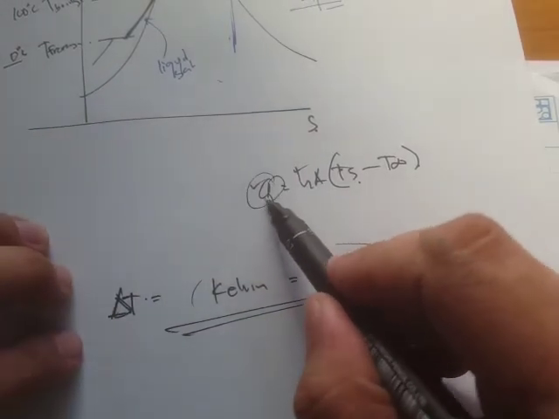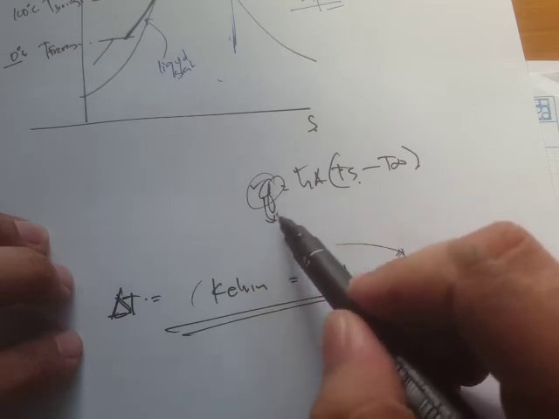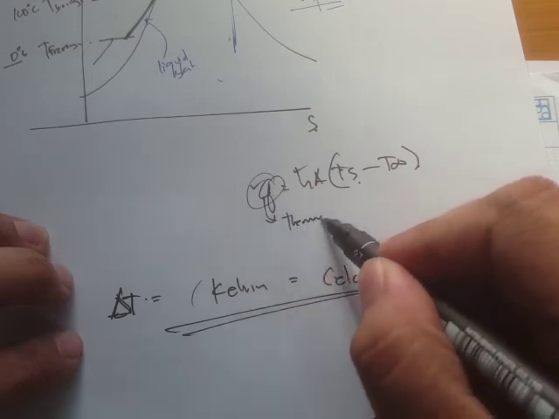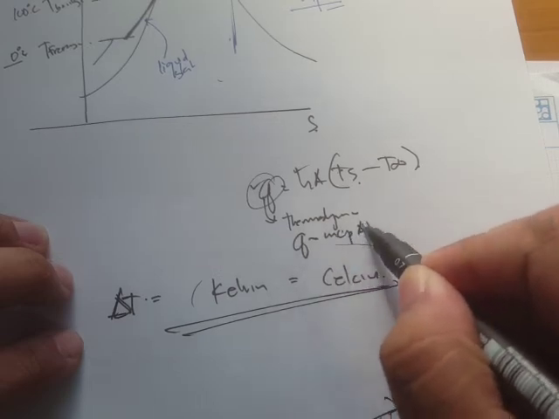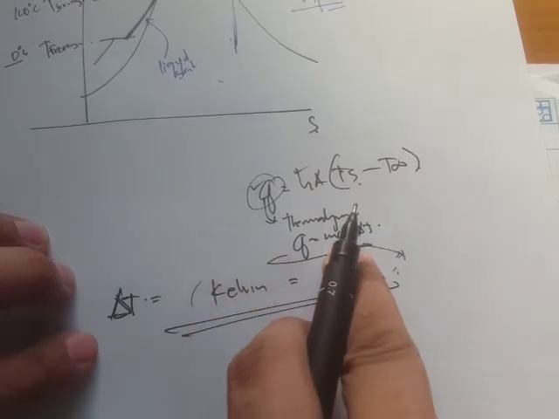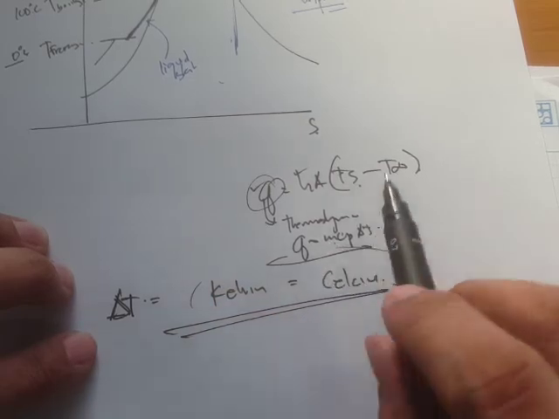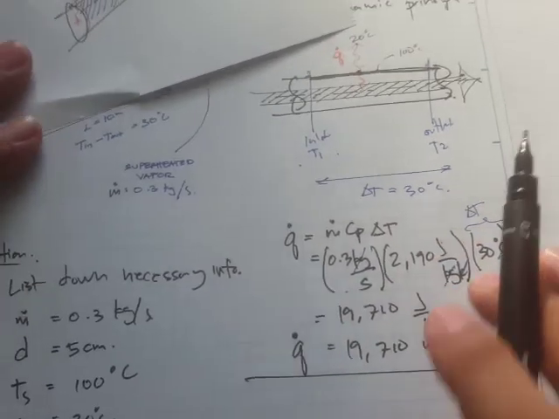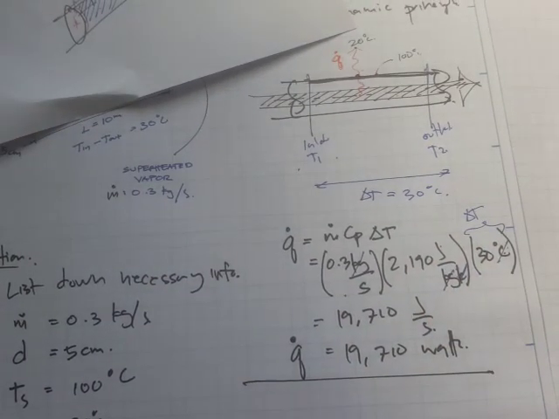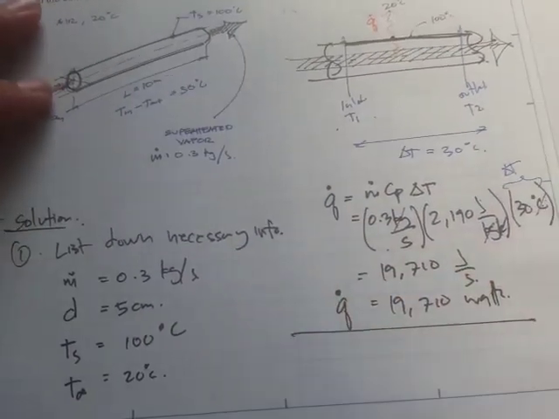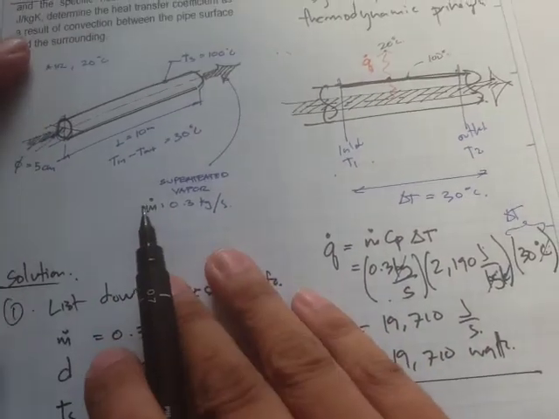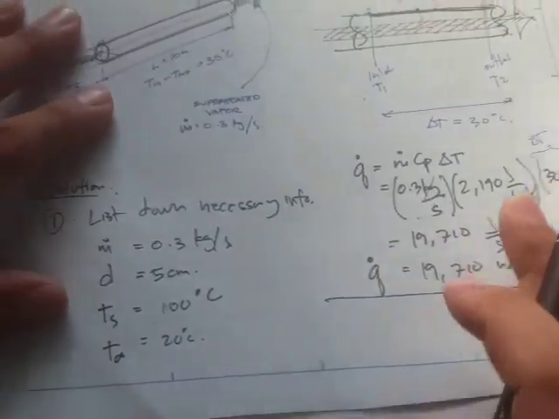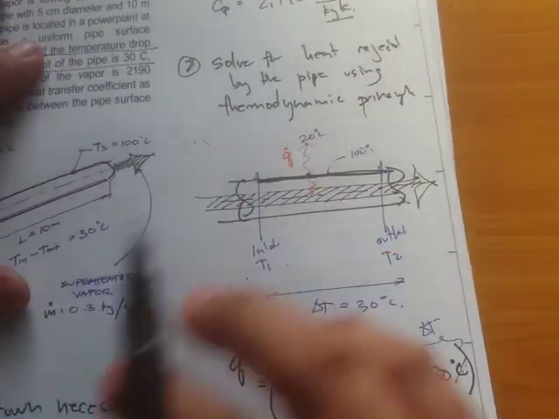So we obtain this Q by thermodynamics, using Q equals m Cp delta T. This way we have two equations: here's our first equation and here's our second equation, so we are able to solve. What we did first was to list down the necessary information.